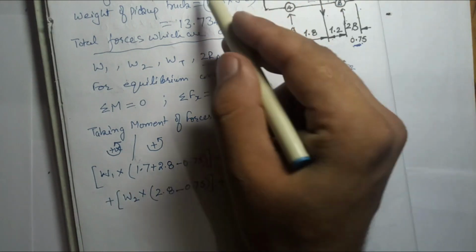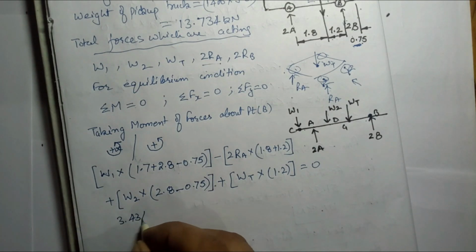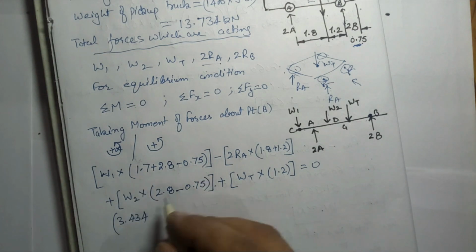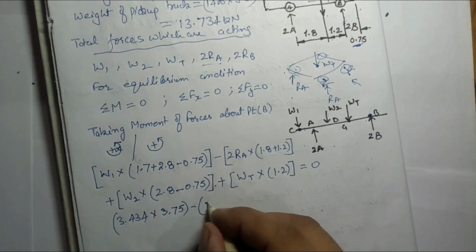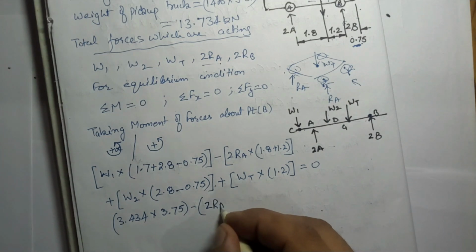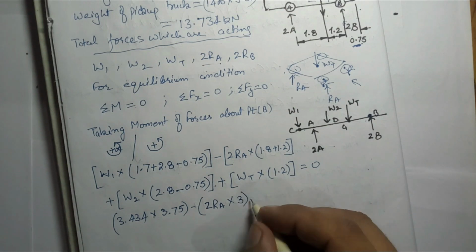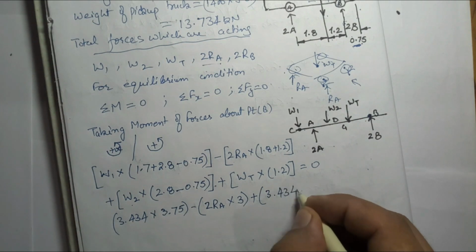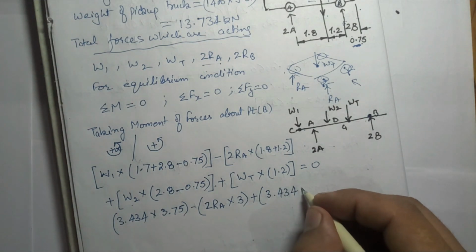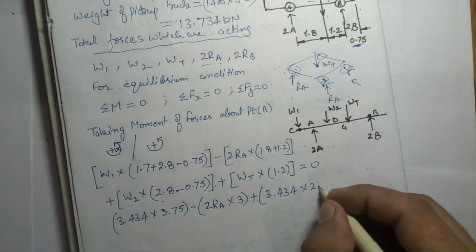W1, we know the value of W1, the weight of crate, that is 3.434. We add this value and we get 3.75. After that minus 2RA, this is the unknown value 2RA, into 1.8 plus 1.2, which gives 3, plus this W2, again the weight of crate, 3.434, into distance 2.8 minus 0.75, which gives 2.05.